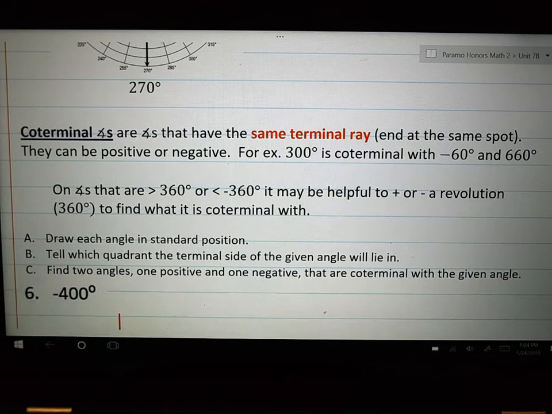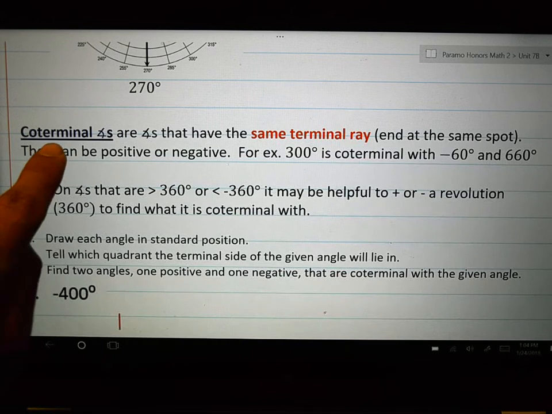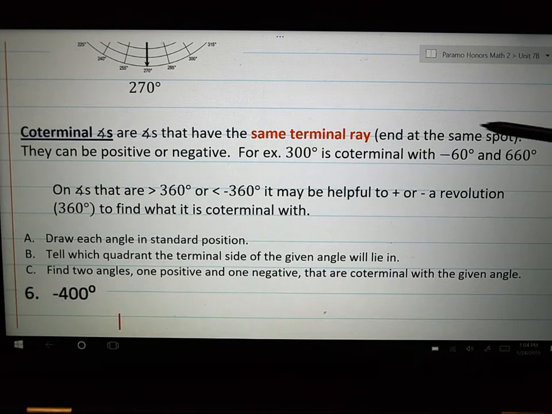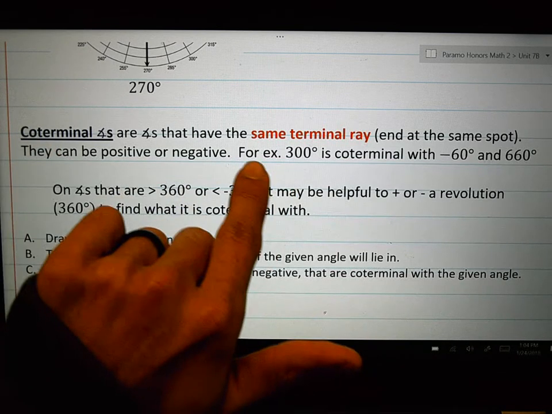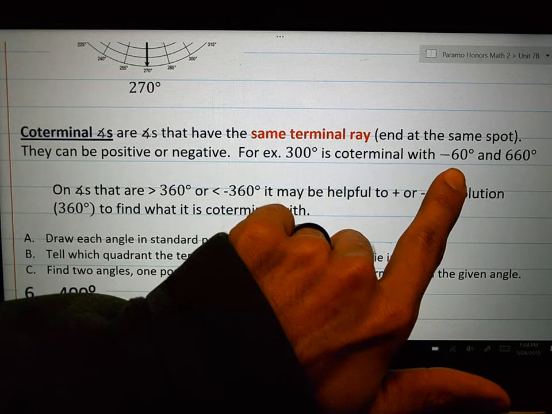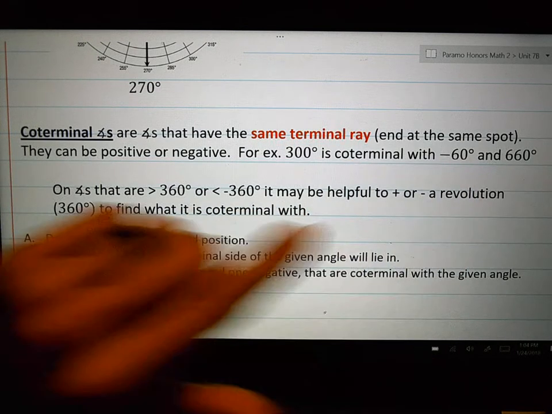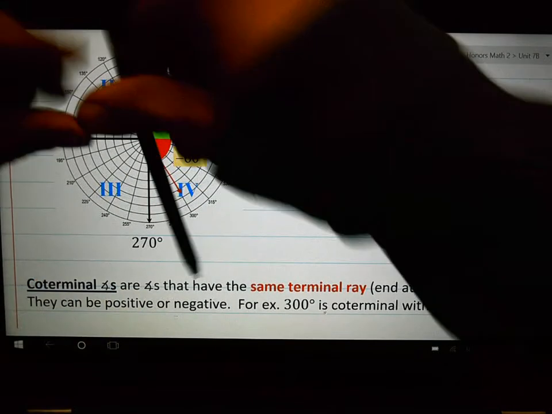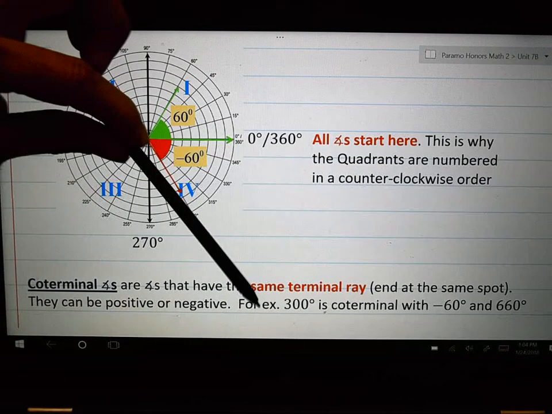Coming back to you. Coterminal angles are angles that have the same terminal ray, or they end at the same spot. These, for example, 300 degrees is coterminal with negative 60 degrees and 660 degrees. Let me go back to this picture. Here's 300 degrees. I'm going to use my pen as the example.